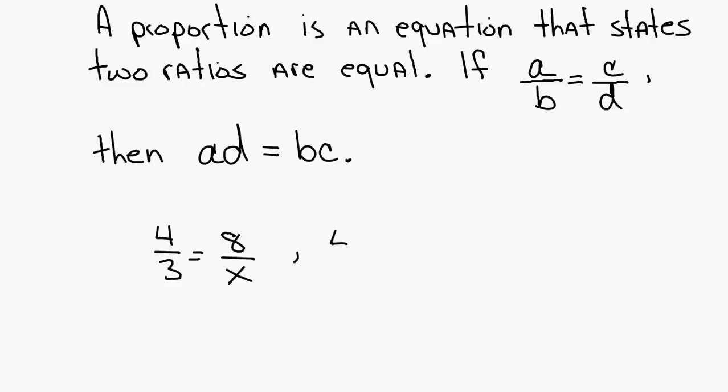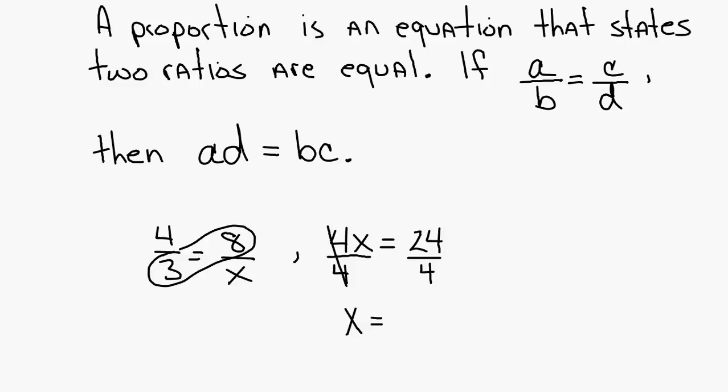So 4x is going to be equal to the 3 times the 8, which is 24. The next step would be to divide both sides of the equation, or you're going to isolate the variable. You've been doing this, so now you're going to divide both sides by 4. The 4's right here will cancel out, and x is equal to 6.